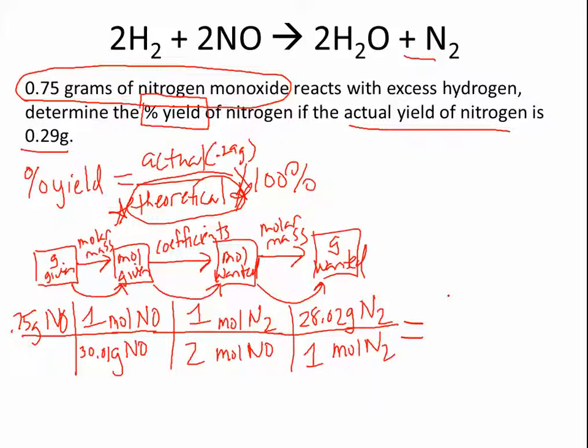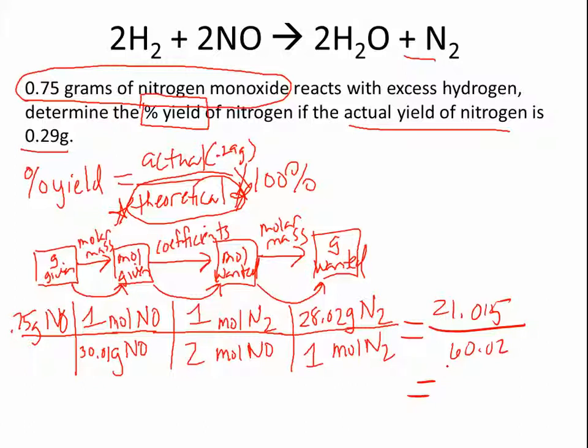So we have 0.75 times 1 times 1 times 28.02 equals 21.015, divided by 30.01 times 2 times 1 equals 60.02.